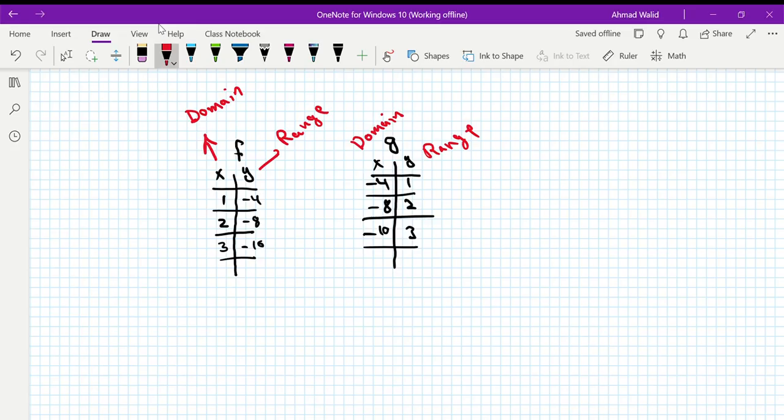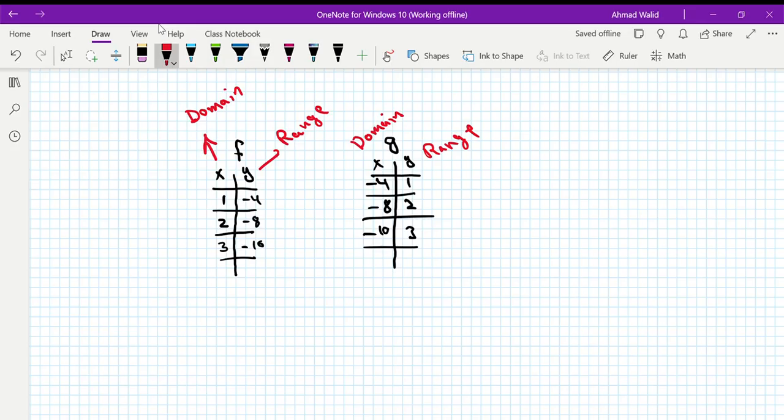That's the relation. We call these types of functions inverses. When the domain of one function, in easy language, becomes the range of the other function, and the range becomes the domain, we call these two functions inverse functions.